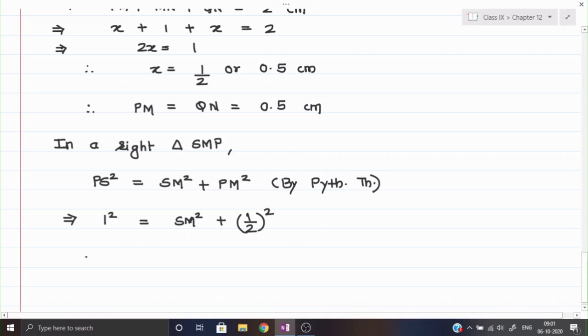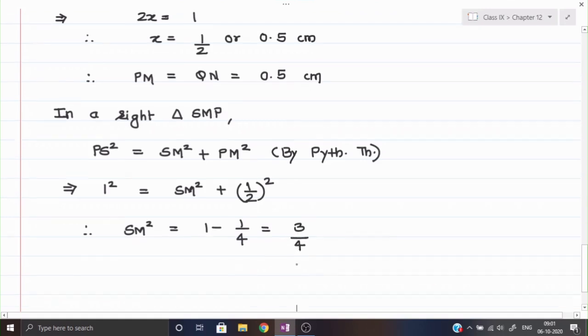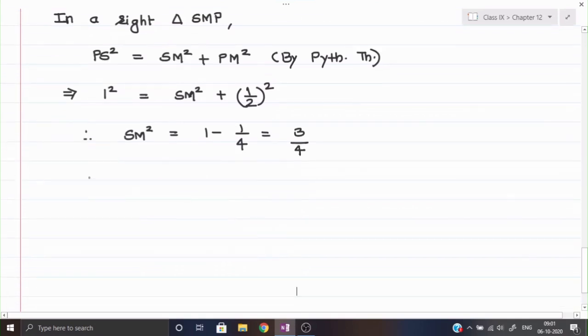So SM square is equal to 1 minus 1 upon 4, because 1 upon 2 square going to that side becomes 1 upon 4, and subtracting from 1 it will be 3 upon 4. So the value of SM will be equal to under root of 3 upon 4, which is under root 3 upon 2. This will be the value of SM.